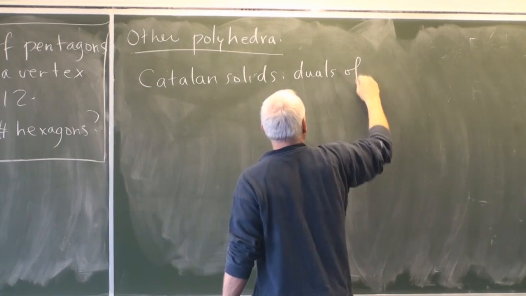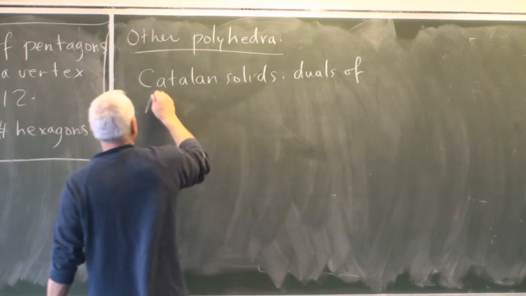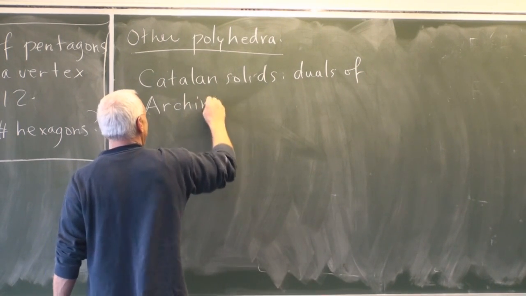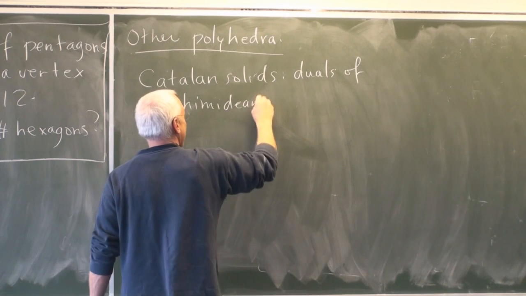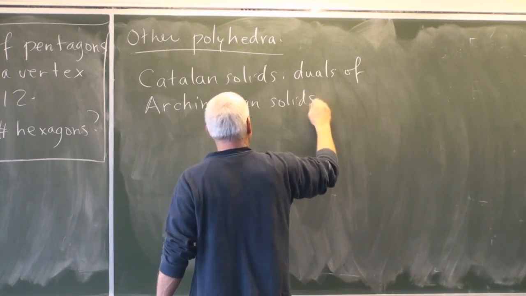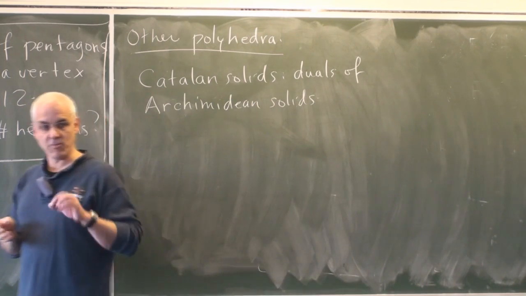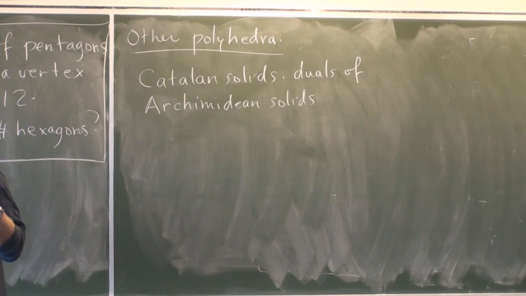I remind you, the Archimedean solids had the property that all the vertices look the same. So if we take the centers of the faces of an Archimedean solid, you get a Catalan solid, and their faces are all going to look the same, but their vertices and edges won't.